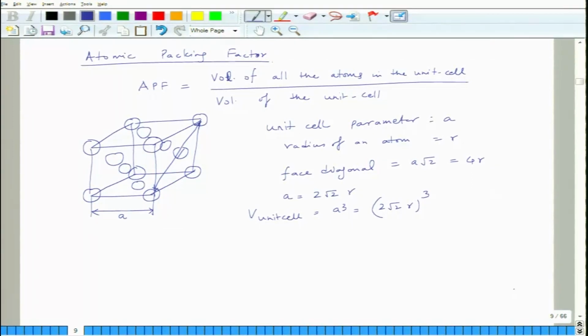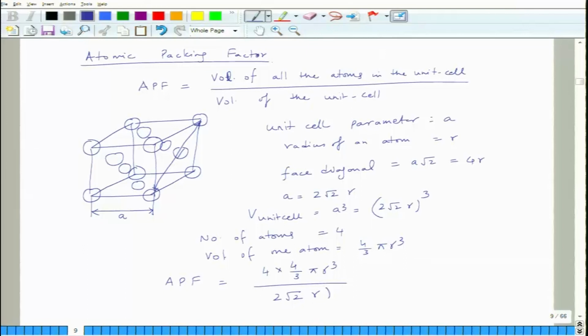Now the number of atoms is 4, and the volume of one atom is 4 by 3 pi r cube. So APF can be worked out as 4 into 4 by 3 pi r cube divided by (2 root 2 r) cube.